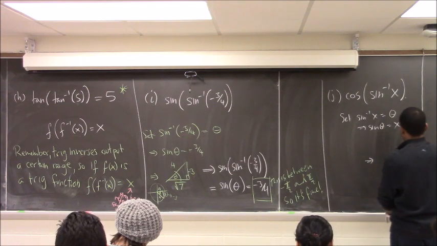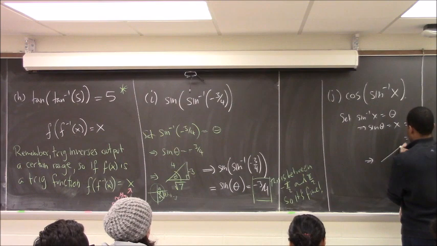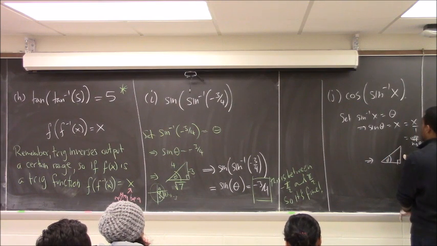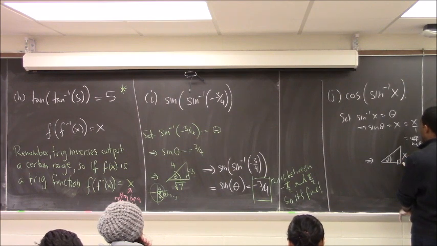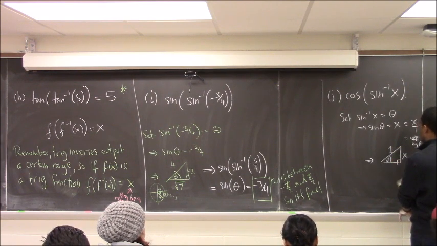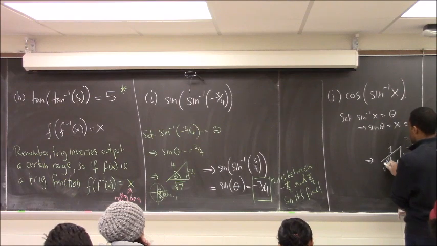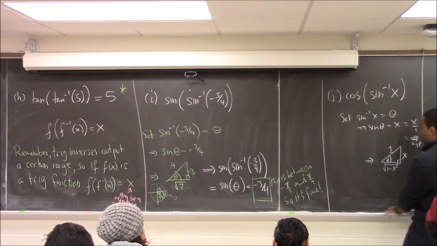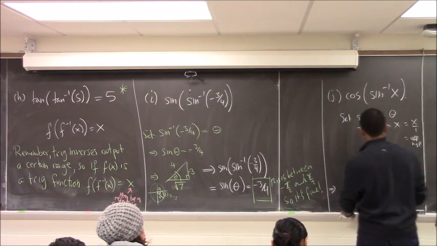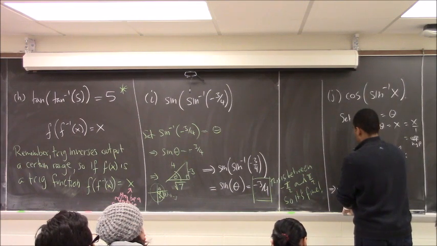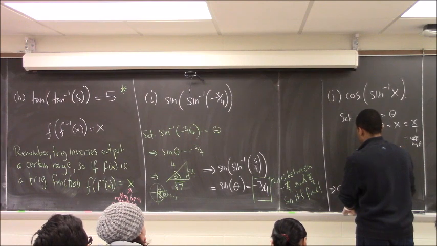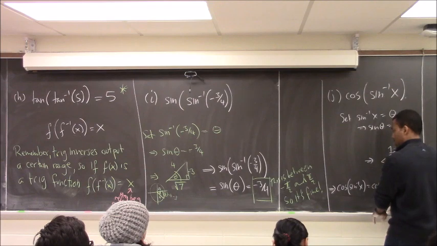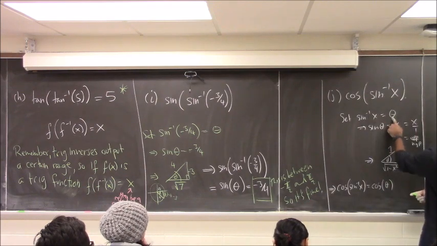This means that you can set up a triangle where the opposite side is x, the hypotenuse is 1, which means this side is going to be the square root of 1 minus x squared, which means the cosine of the sine inverse of x is just the cosine of theta, because the sine inverse of x is theta.